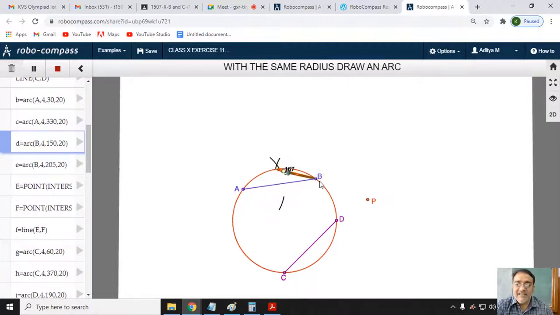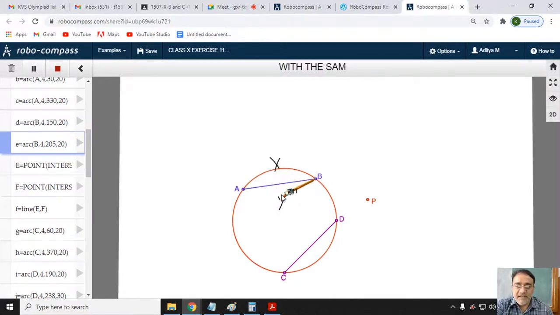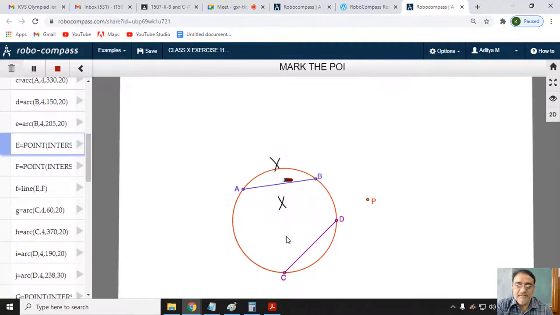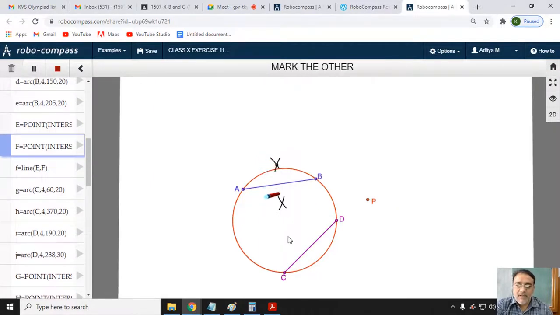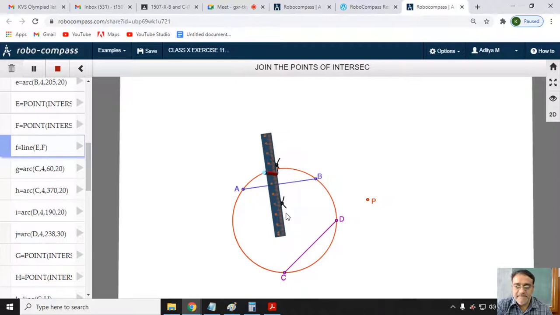They will intersect at 2 points, E and F. We'll join EF and extend it a little bit up to here.